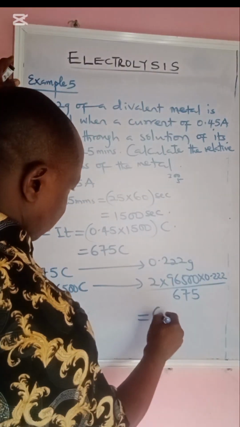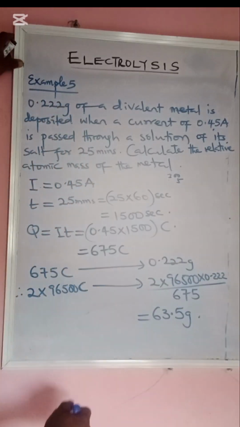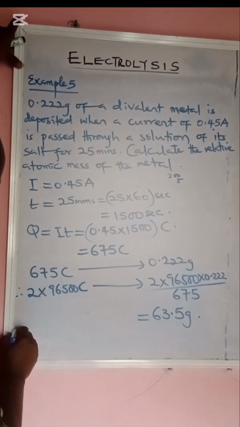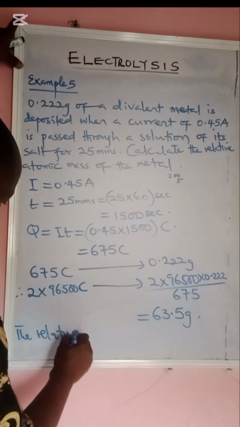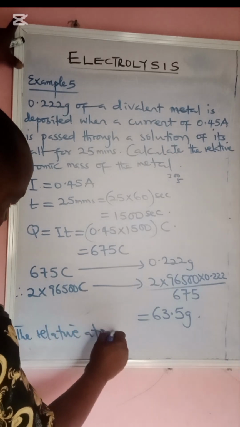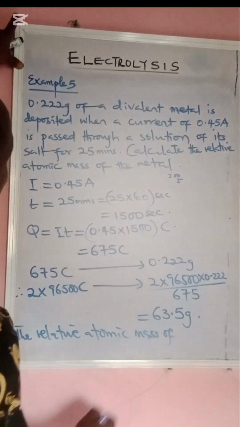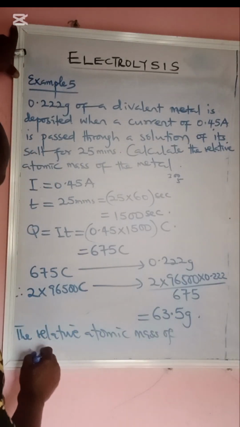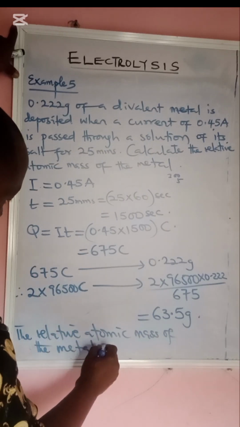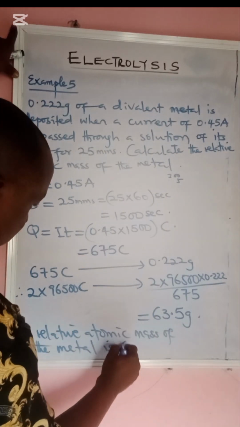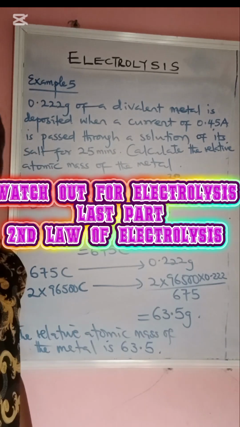When you divide this, it gives you 63.5 grams. So the relative atomic mass of the metal is 63.5. That is copper, 63.